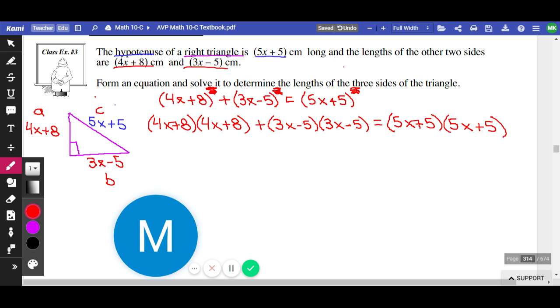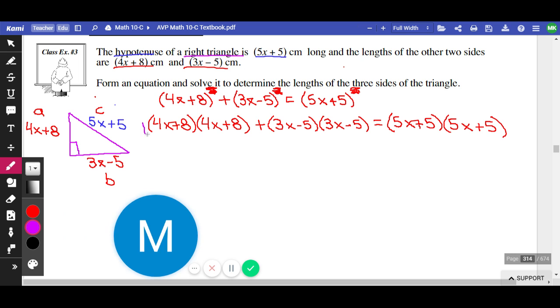To solve that means you're going to have to multiply everything together. I'm going to try to color code it so that it sticks out where my multiplications are coming from. I'm also going to use distribution and combine like terms at the same time. So it's going to go a little faster than maybe what you're used to.